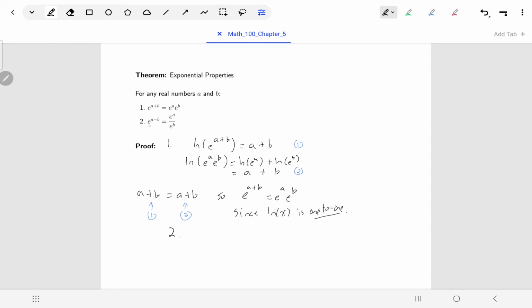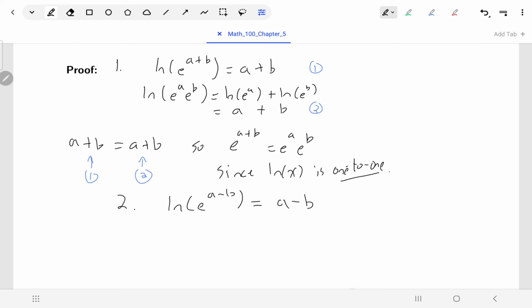If I were looking at the first side of the equation and took the natural log of e to the a minus b, that's certainly a minus b. And then I could do the same sort of thing for the right side of the equation. So if I were looking at natural log of e to the a over e to the b, my natural log property says that's natural log of e to the a minus natural log of e to the b, which is a minus b.